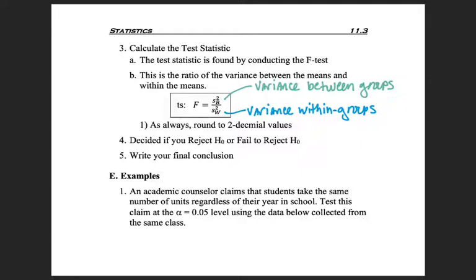And, you know, if you needed to remember it, I always think it goes in alpha order. B comes before W, so B's on top, although you'll have the formula. We're going to round our answer to 2 decimal values, but obviously that depends on how the question is asked.